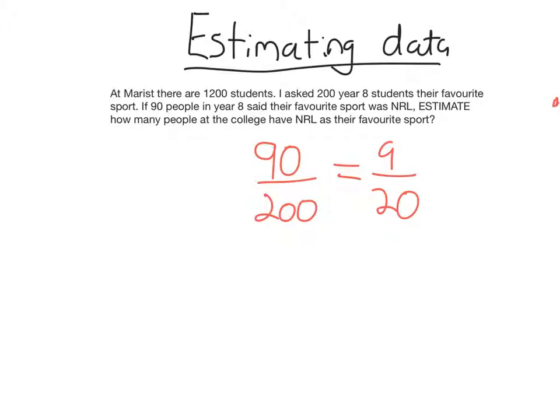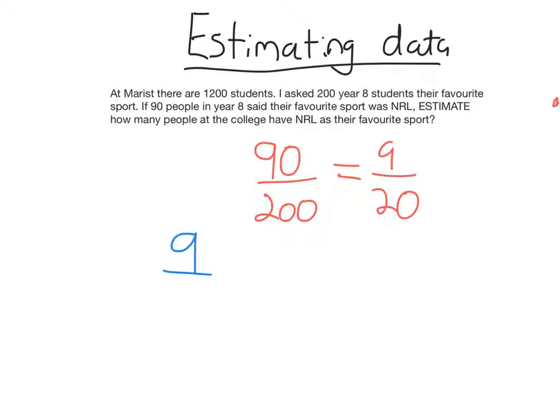Because I believe that my sample is reasonably representative of the whole population, in this case, Marist students, I can estimate that if 9 out of every 20 students in Year 8 said NRL was their favourite sport, then 9 out of 20 people, out of all the people at Marist, would say that NRL is their favourite sport.